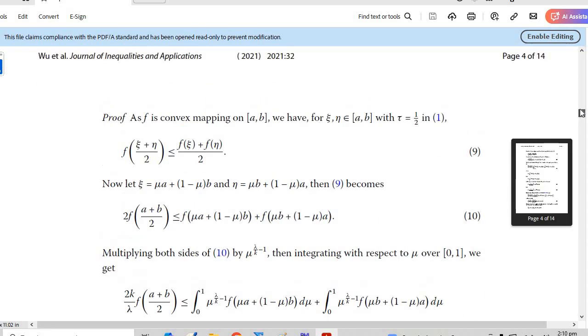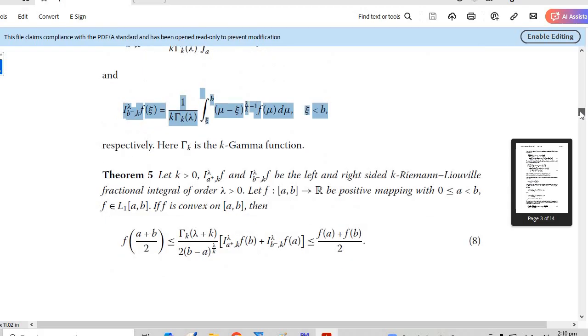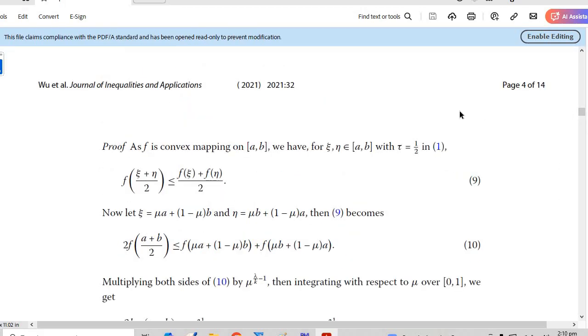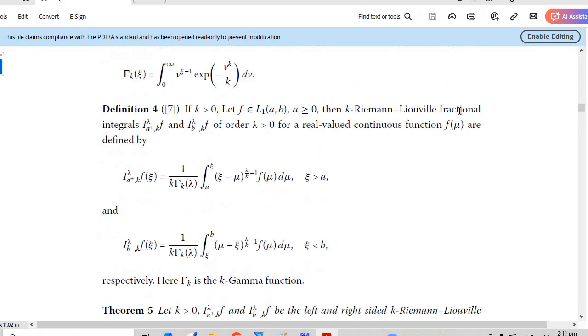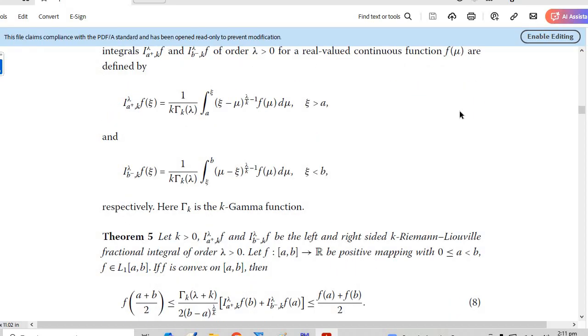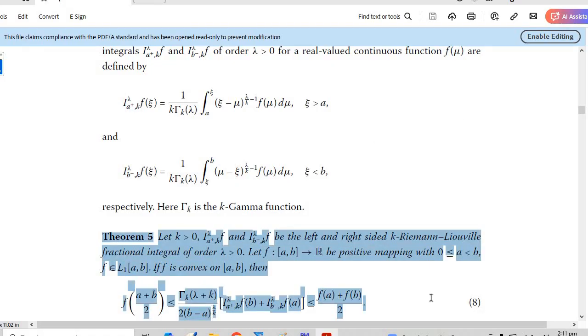Here is the first main result, proved by me and my co-authors, in theorem number 5. This is the Hermite-Hadamard type inequality for the k Riemann-Liouville fractional integrals, which is a generalized case of the results we get for k equal to 1.